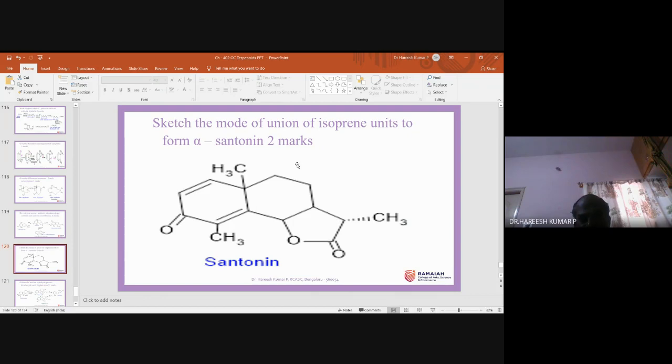Here you can mark it with a line like this and say that it is one isoprene unit, make a line here and say one more isoprene unit, and from here one more isoprene unit. You have to write that on the structure, and also mark the head and tail portions.